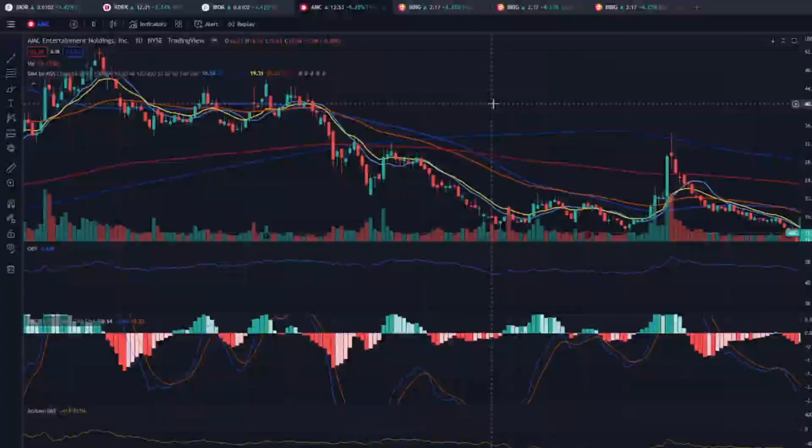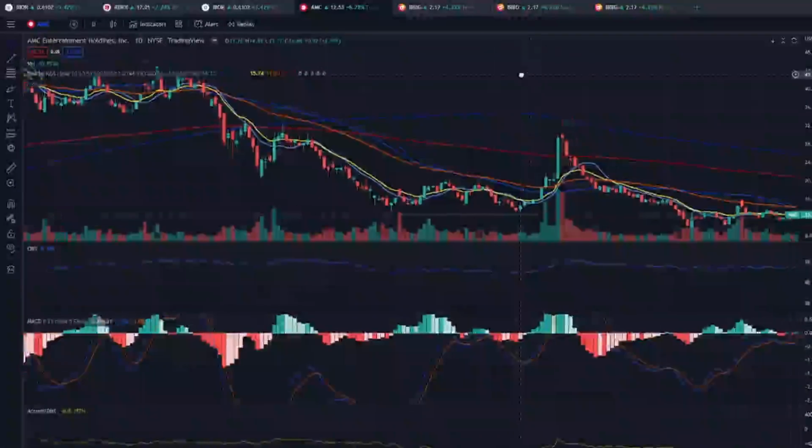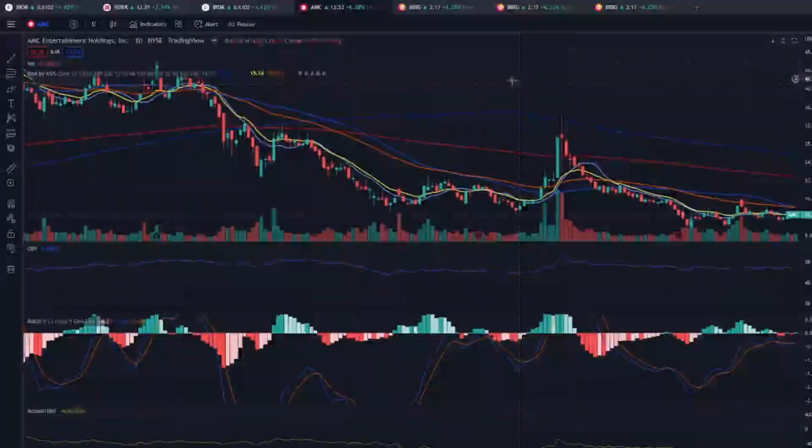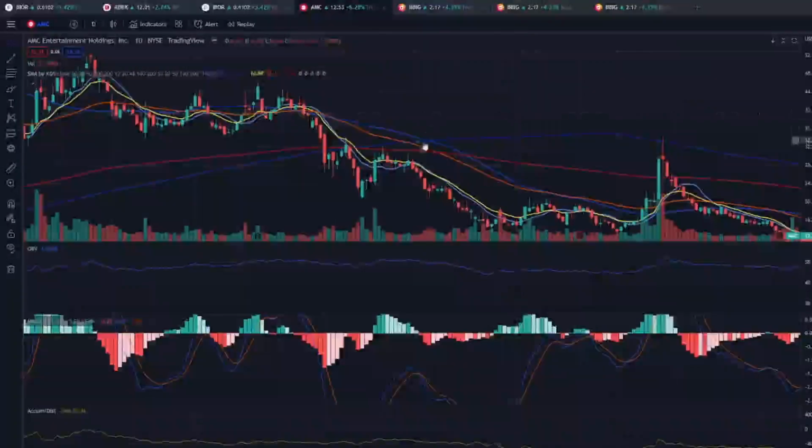A faster, or rather shorter, moving average, so a 50 moving average in this case, is affected by a smaller data set. That means it's more receptive to changing prices. So when the trend starts changing, the shorter the moving average is, the faster it's going to react to it.